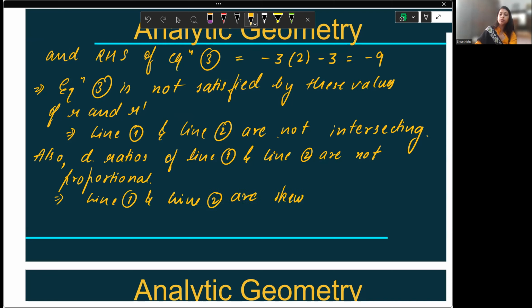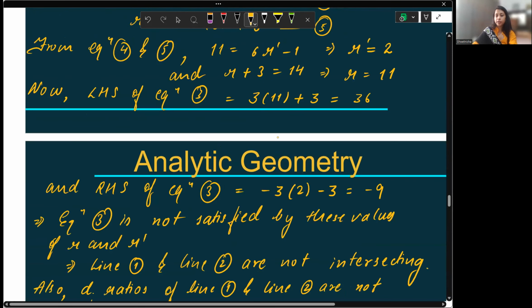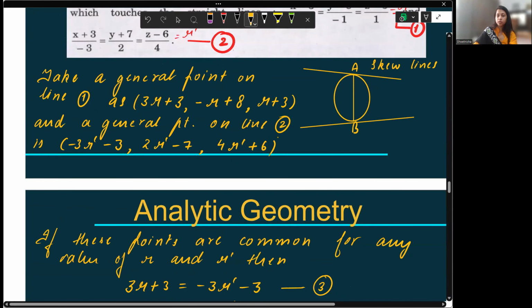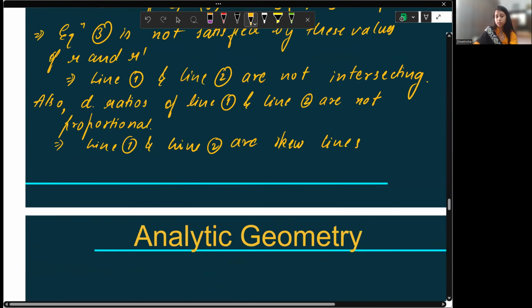Now, if they are skew lines, what was the next part? To find the line AB, which is the shortest distance between both of them. Okay, so I'll refer to this diagram only. This is my line 1 and this is my line 2. If I'm looking for the shortest distance, that means AB is perpendicular to both of the lines.